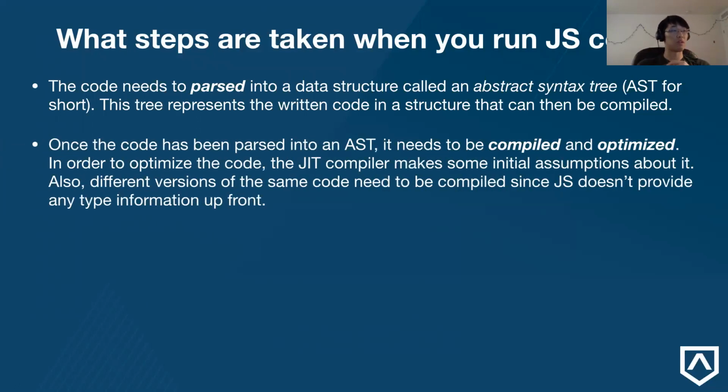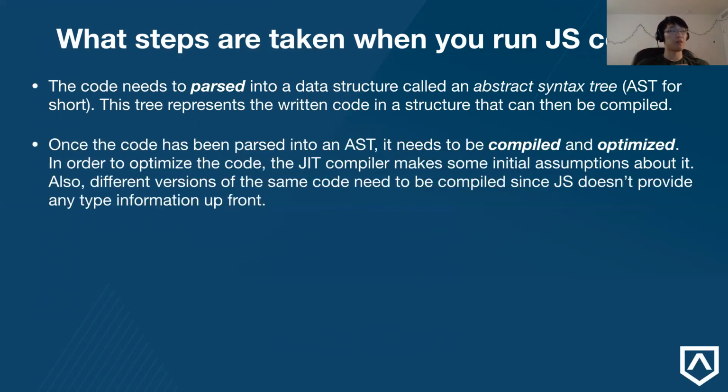So once that code's been parsed into an abstract syntax tree, it needs to be initially compiled and optimized. And as we'll see in a second, there are actually multiple optimization steps. And kind of in this first optimization step, the JIT, and JIT stands for just-in-time compiler, and that's what the compiler that compiles JavaScript code in browser engines is referred to as, is a just-in-time compiler.